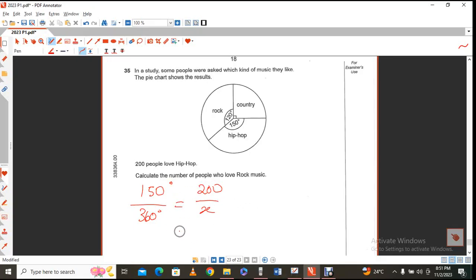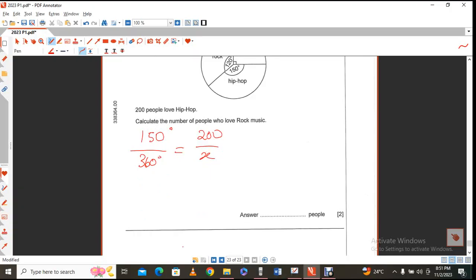So we can go ahead and simplify this. Cross multiply if you want to. What I'm calculating here is the total number of people, so 150x equals 360 times 200, and then x is going to be 360 divided by 150 times 200.